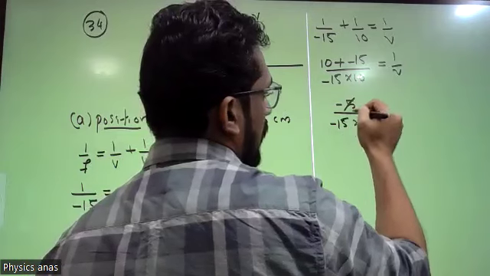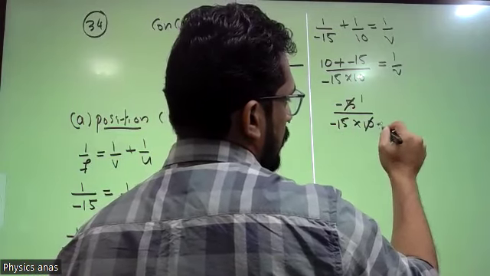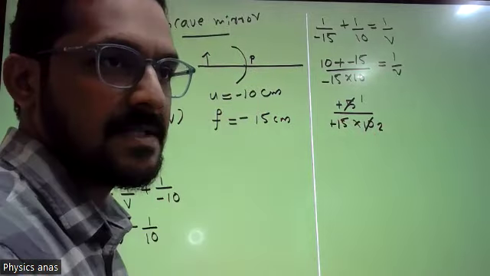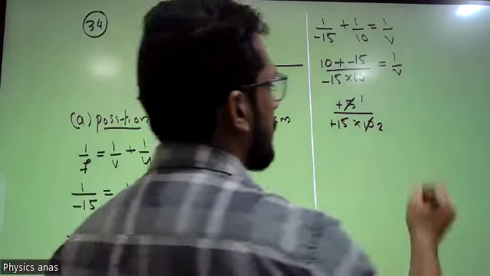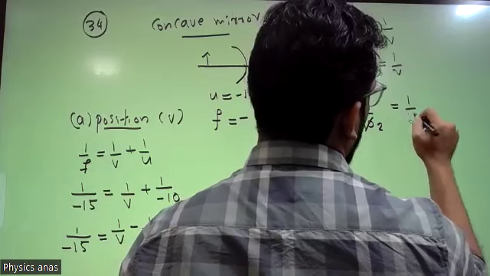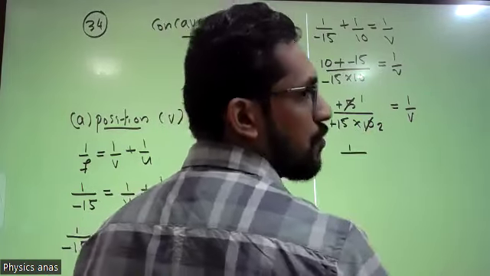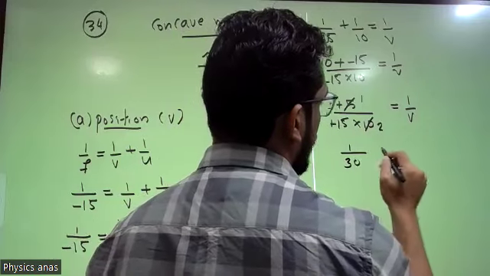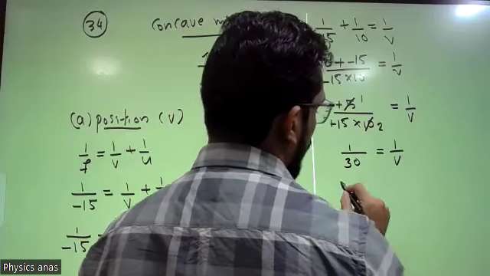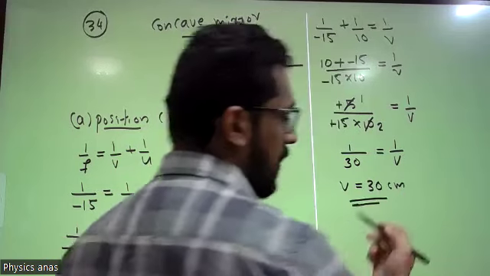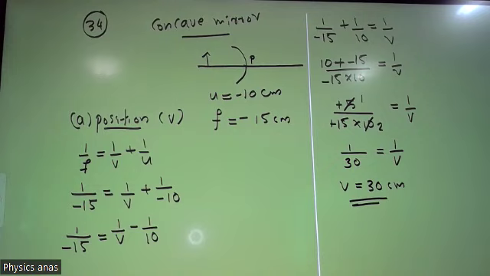Cancel it with the 5, and you get 1 here and 2 there. Minus divided by minus will be plus. So 1 by v is 1 by 30, then v will be 30 centimeter.